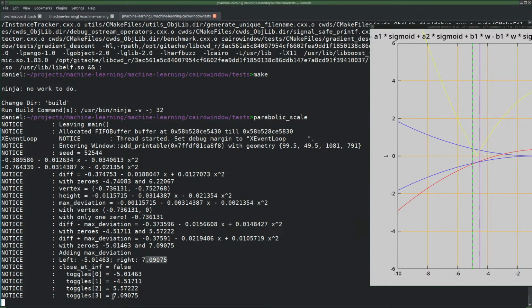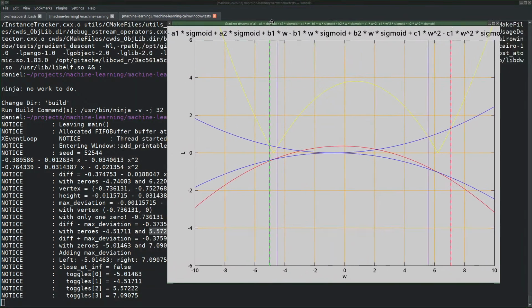And that value we see also back. And this minus 4.51711, that would be this one, which can be found back here, and the other one can be found back there. So it worked, and they are in the correct order. So the output is okay.